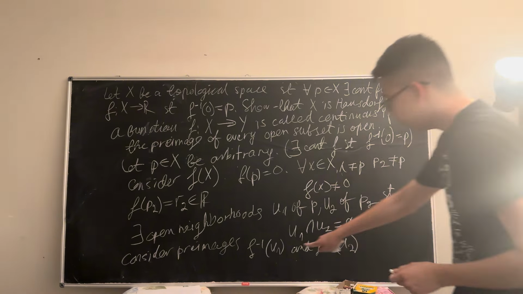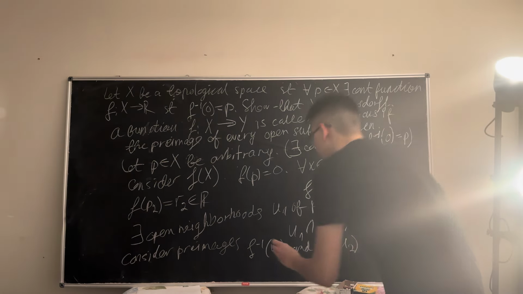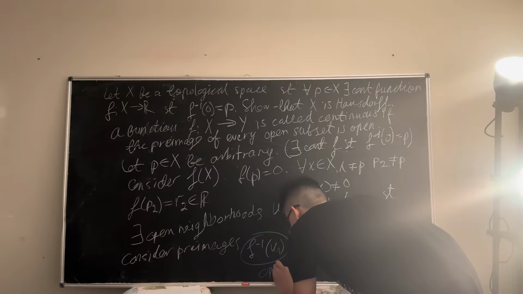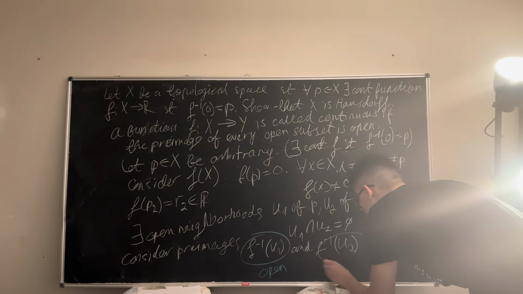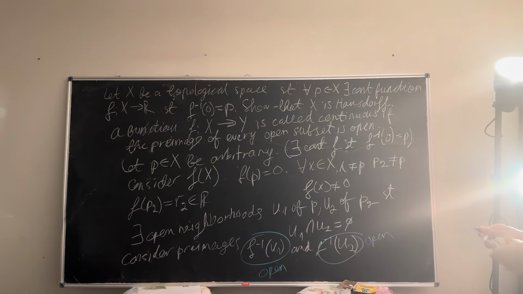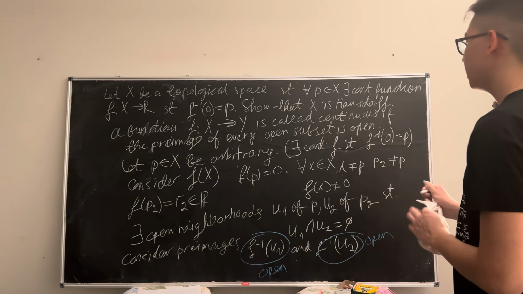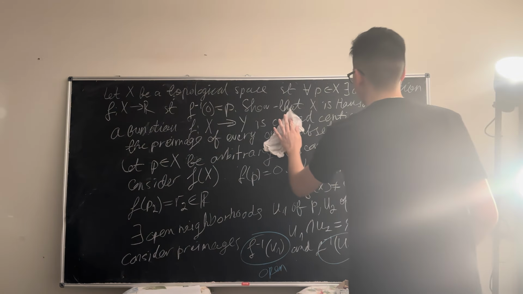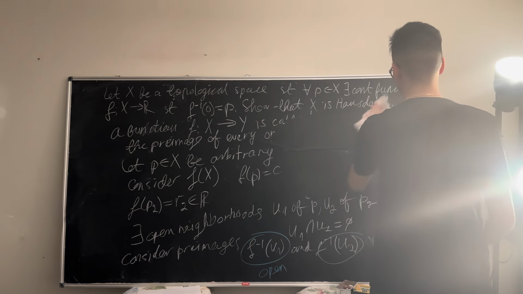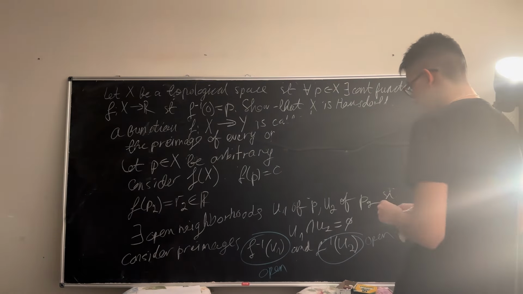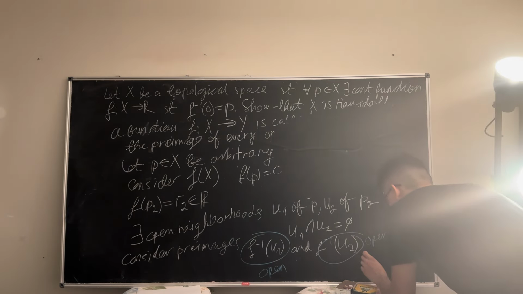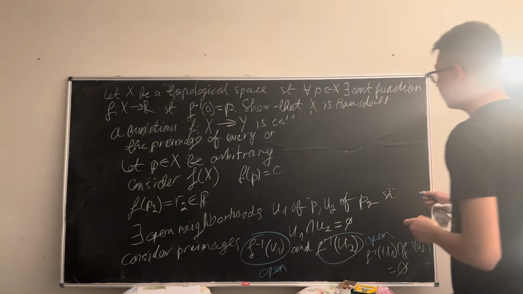Now, f inverse of U1 is open because f is continuous, and f inverse of U2 is also open by continuity. Now, the next claim that I will make is that f inverse of U1 and f inverse of U2 are disjoint. And it's very easy to see.